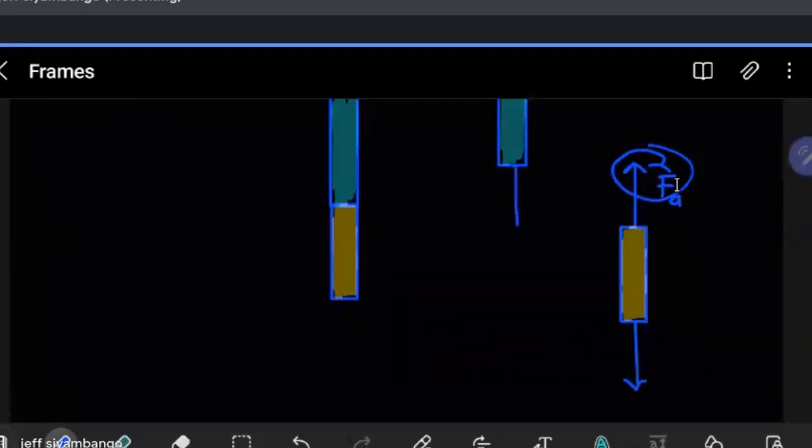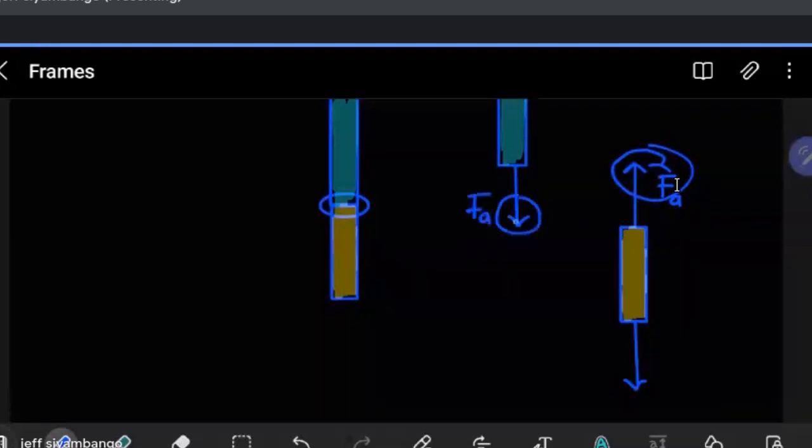So this is one property that you have to understand. If you have two members that are connected at some point, then the forces that they will exert on each other will literally be equal, but just opposite. So if this is FA, then even this one here has to be FA. So this force here is basically the same as this. The difference is in terms of their direction.